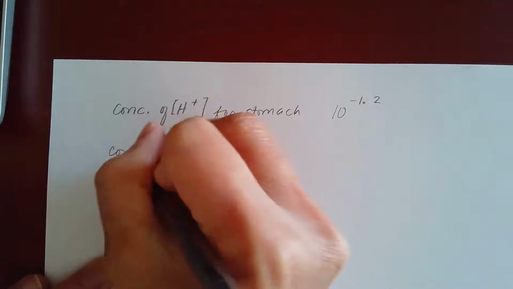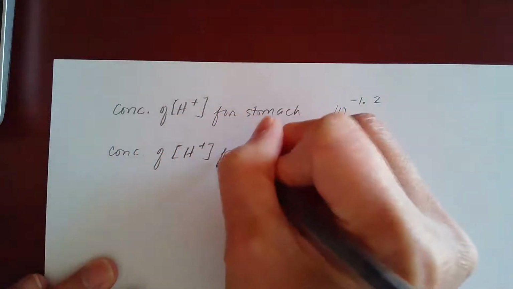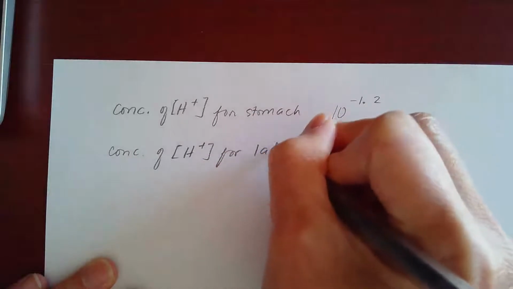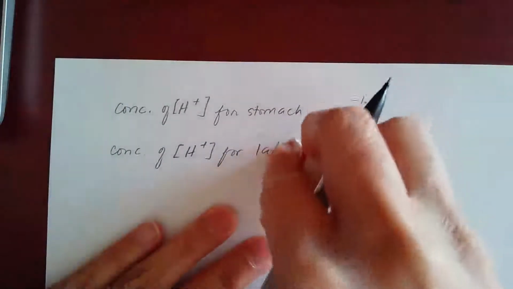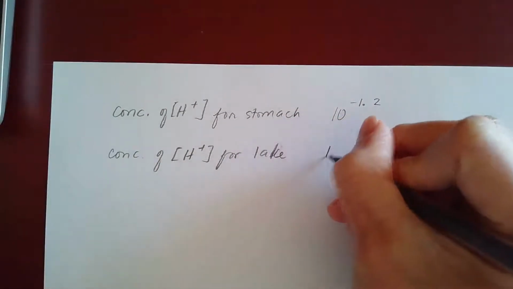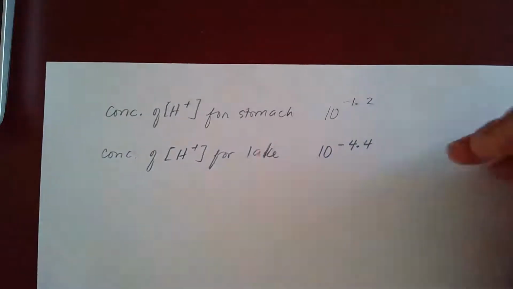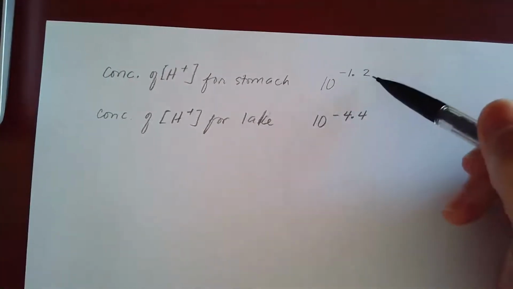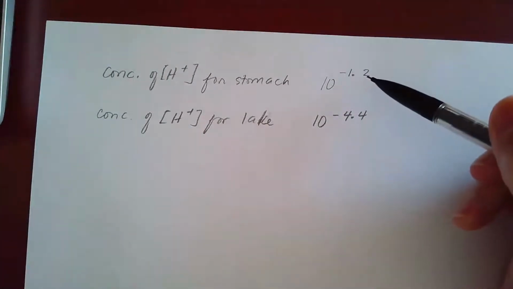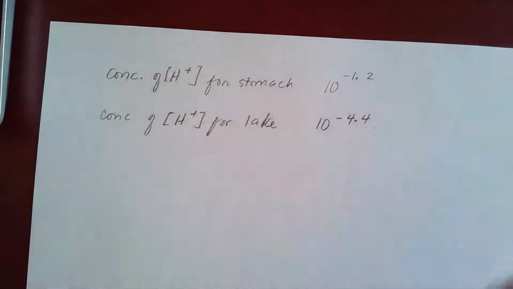And then the concentration of hydrogen ion for the lake is 10 to the negative 4.4. Okay, well, this is going to be more compared to this one. So how do we do that?